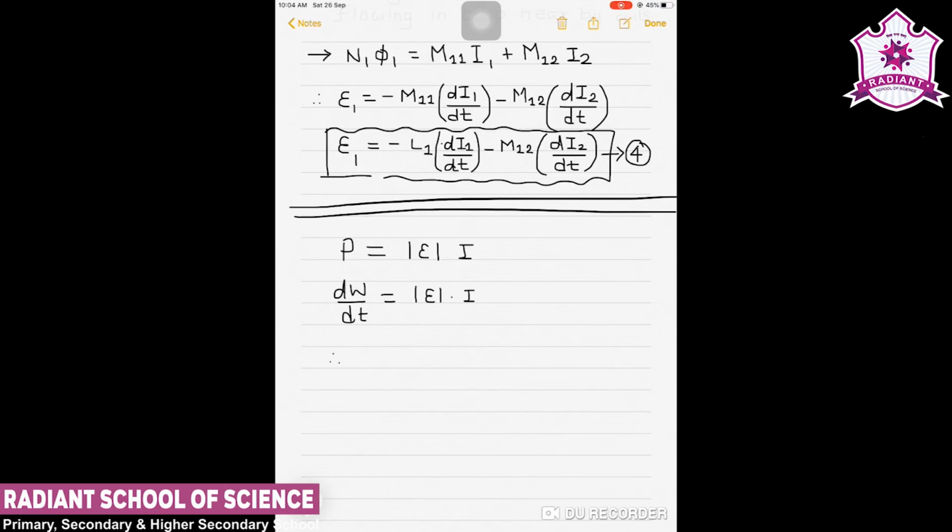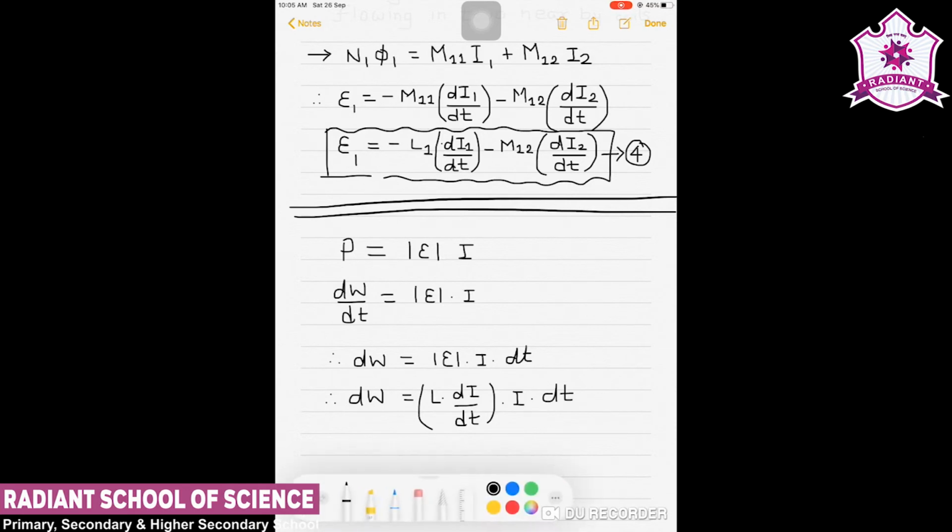Now we make dW the subject, then we get dW equals E I dt. Now if we say, as per the equation, that E equals L di upon dt, therefore dW equals L di upon dt into I into dt.